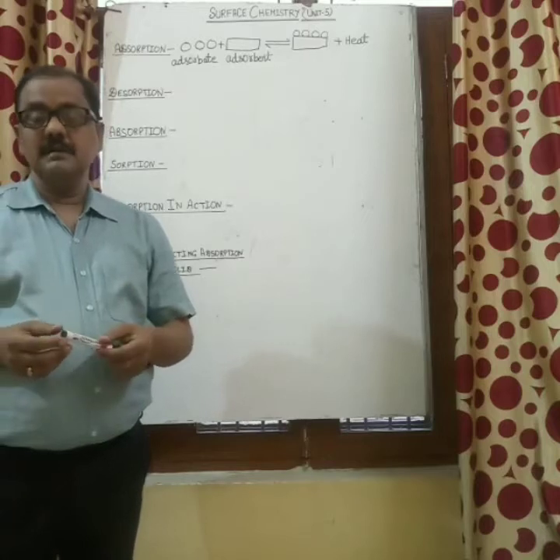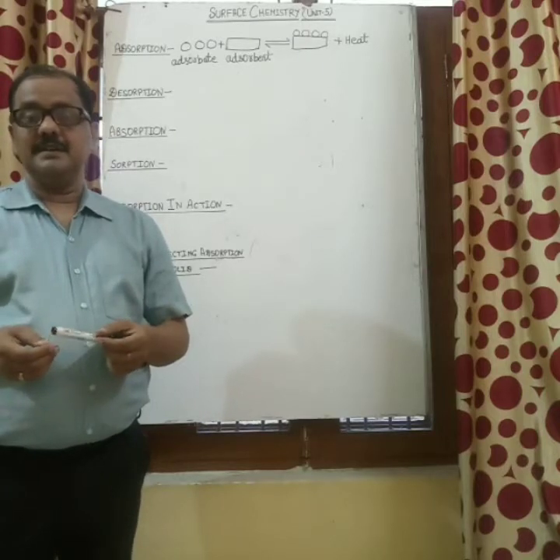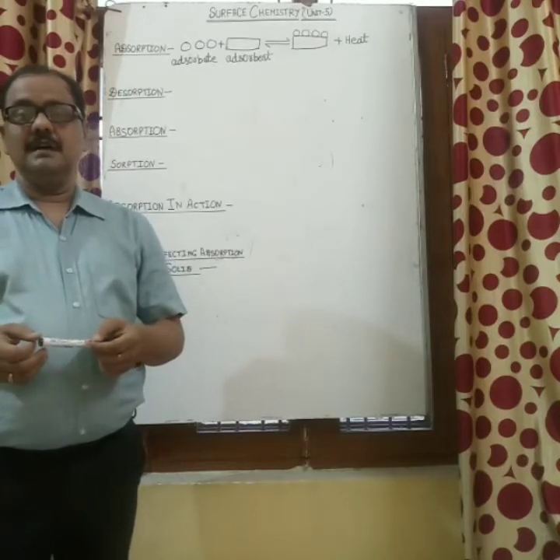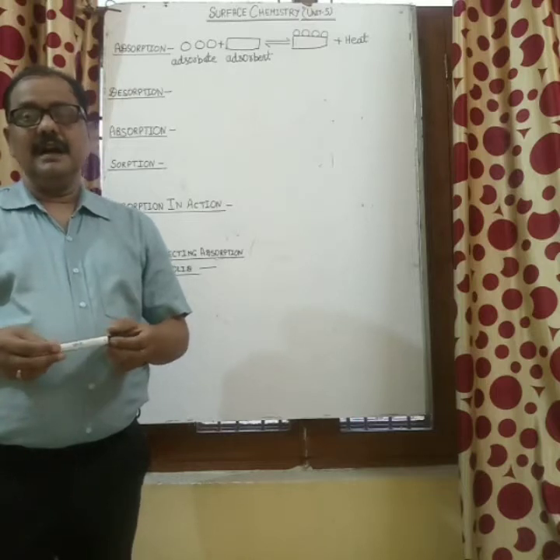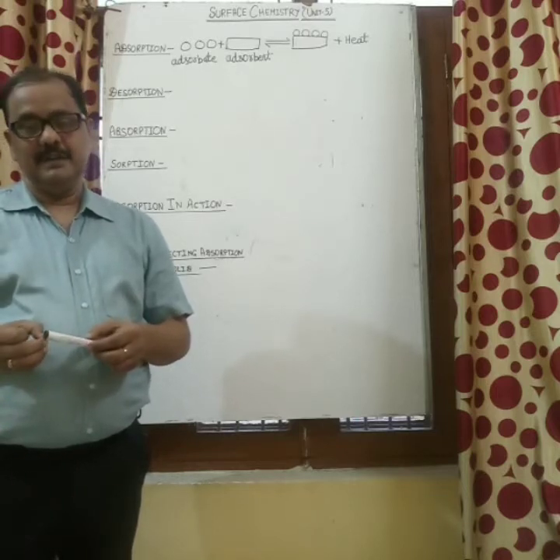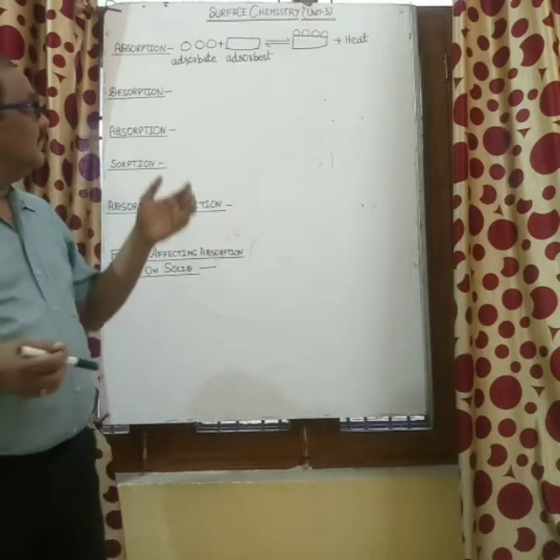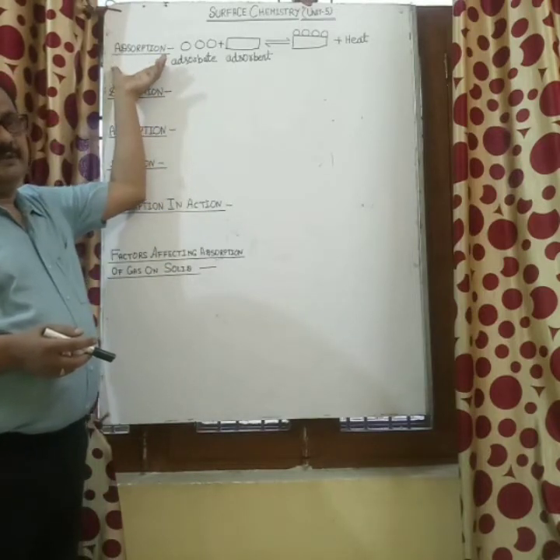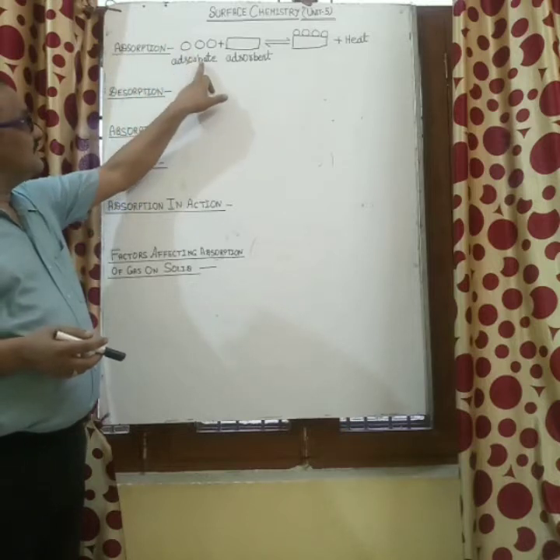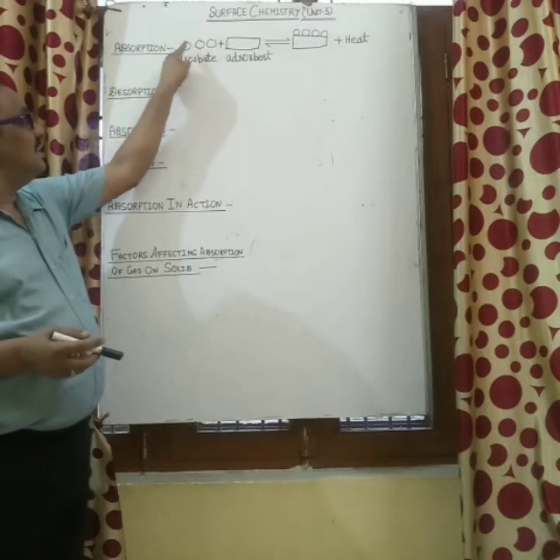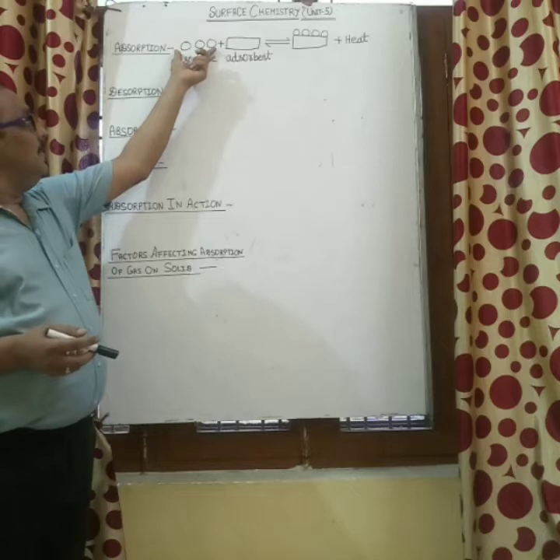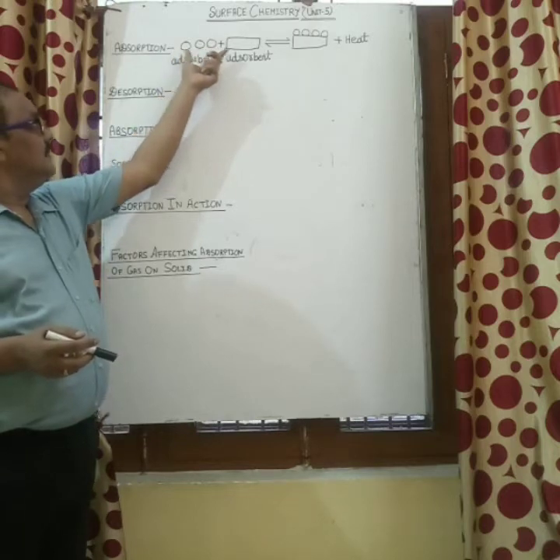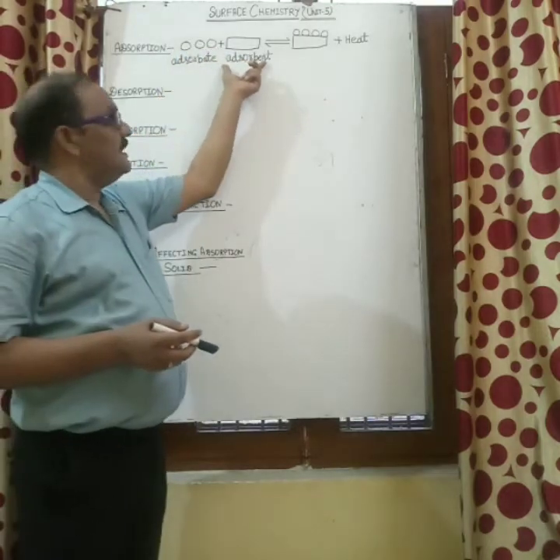Yes, class. Today I will discuss adsorption and types of adsorption. So first of all, what is adsorption? Adsorption means the accumulation of molecular species on the surface of the adsorbent.